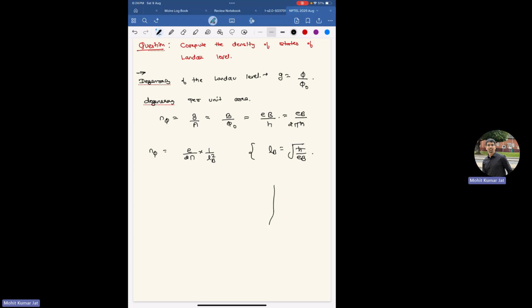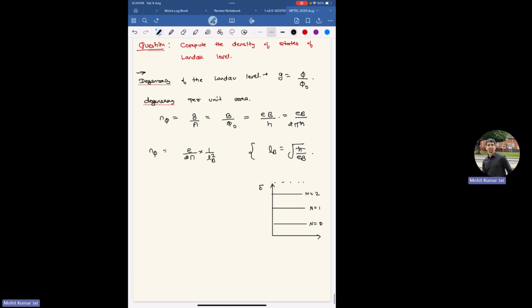And these Landau levels, if I draw the picture, this is the profile of your Landau level spectrum, right? This is n equals 0, n equals 1, n equals 2, and so on, it goes on. The y-axis is E, right?